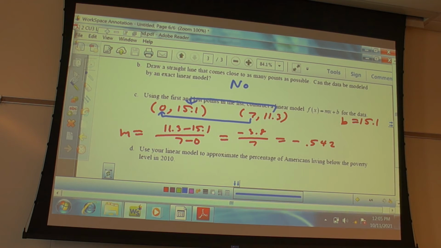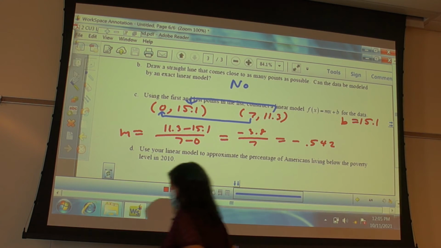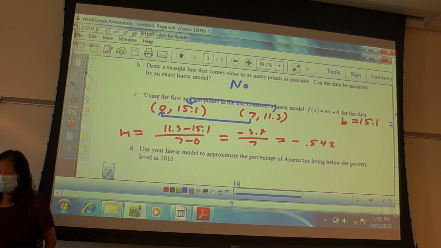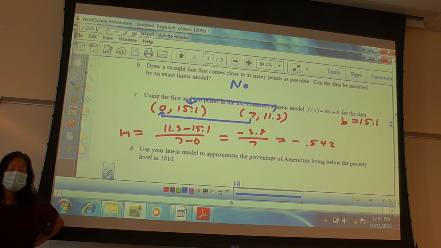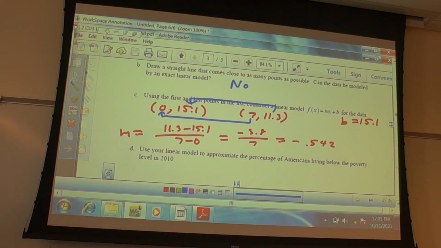We just solved for M. Our linear model is y equals mx plus b, filling in the m and the b.